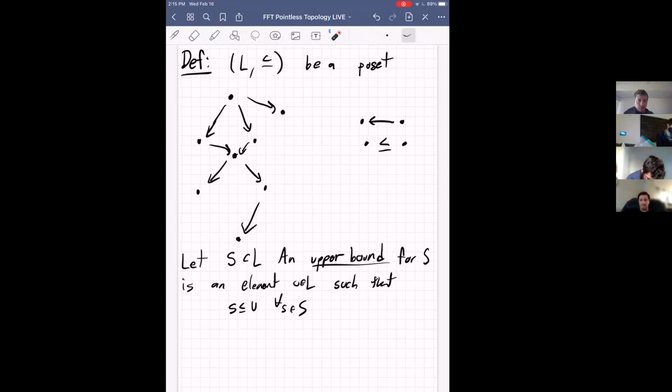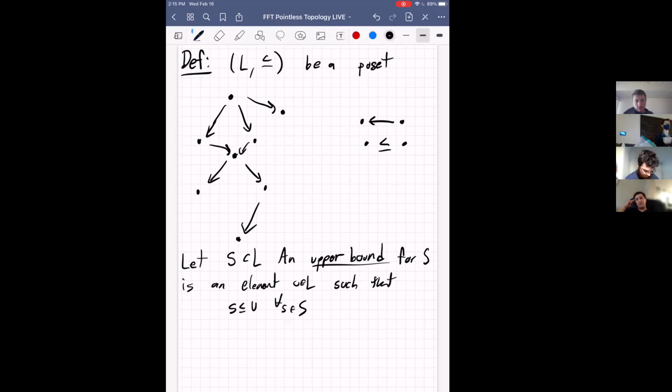If this is my poset and I have this set of points right here, so the set is this one and this one, here's an upper bound. This is one upper bound. Here's another upper bound. Here's another one. Here's another one. My partial order is going to be transitive, I guess. And so the point is, upper bounds are not necessarily unique.